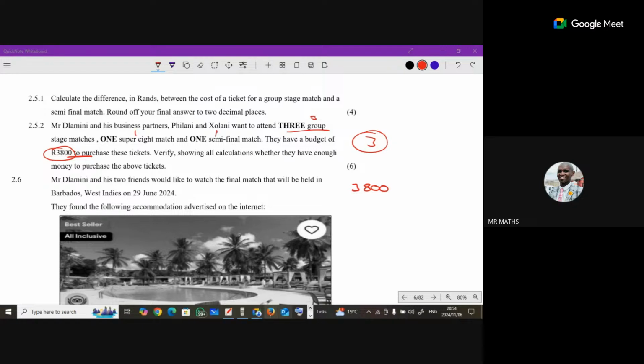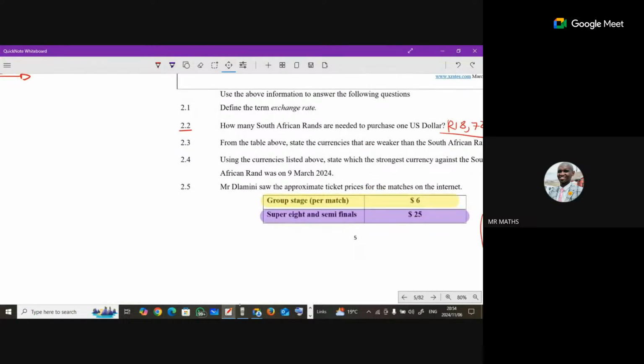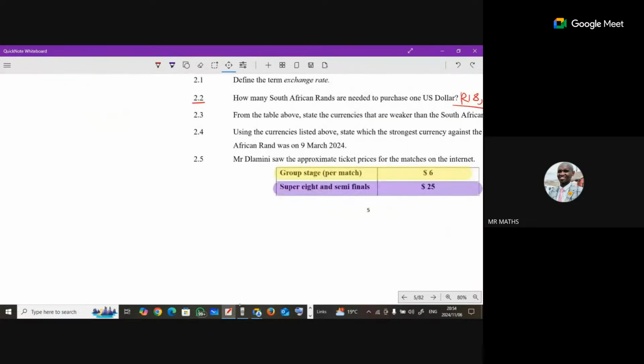They have a budget of 3,000 to purchase these tickets. We assume that each is having that budget. So for each group, how much is a group stage match? It's $6.